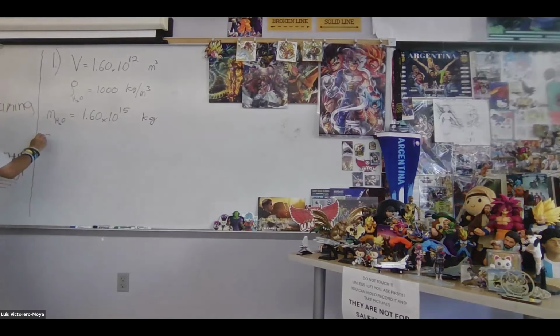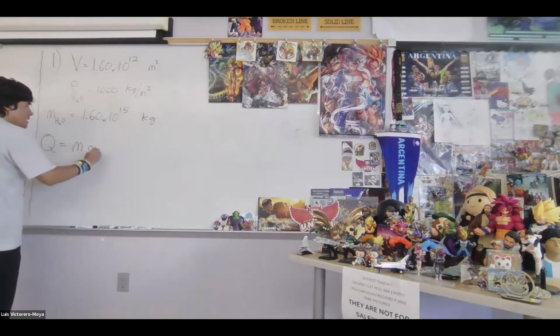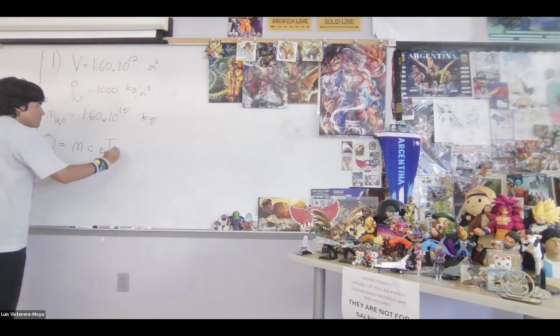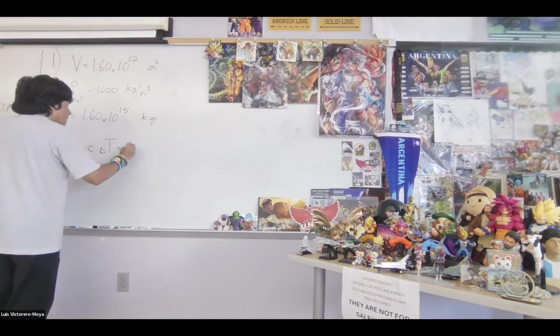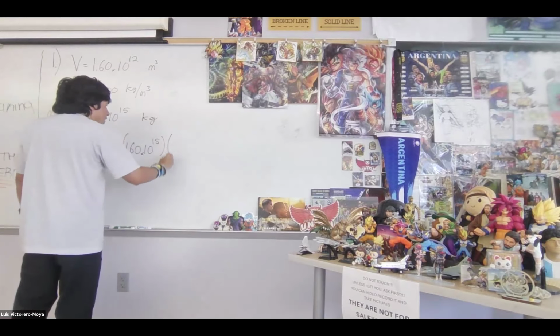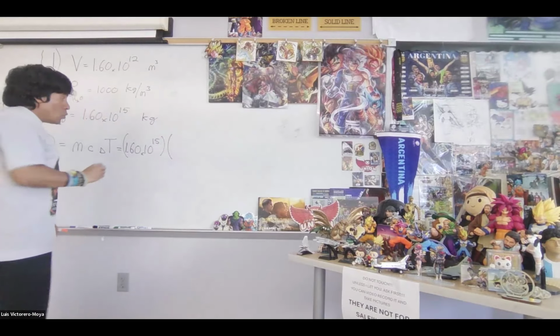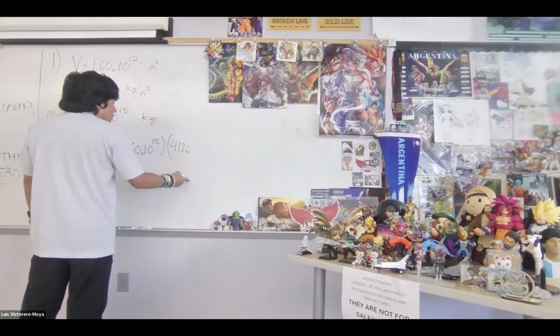So the energy is basically heat, Q, equals m little c delta T. So the mass is this. You see that's a lot. Then you multiply by the specific heat capacity, which is 4,186 joules per kilogram Celsius.